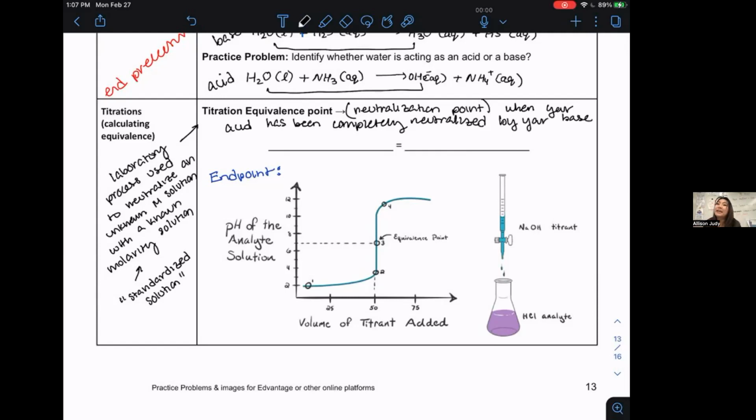If you want to say my base is being neutralized by my acid, that's fine. So the big idea is, quantitatively speaking, this is when your moles of acid present are stoichiometrically equal to your moles of base. So if my chemical reaction tells me I need 2 acids for every 1 base to neutralize, then that's going to affect how many moles of base I need to thoroughly neutralize all the acid. That's why we go off a stoichiometric equivalent.